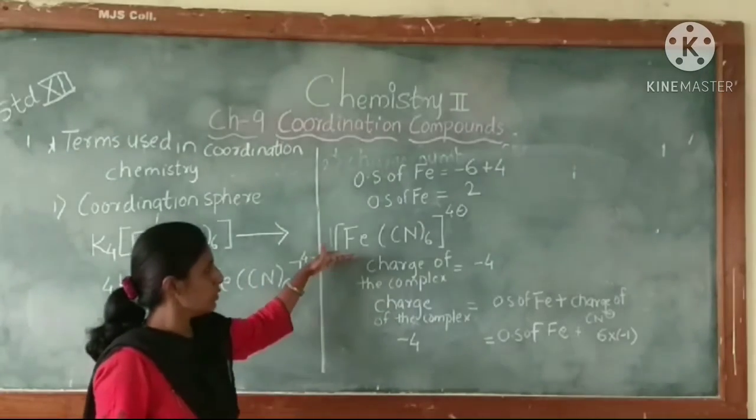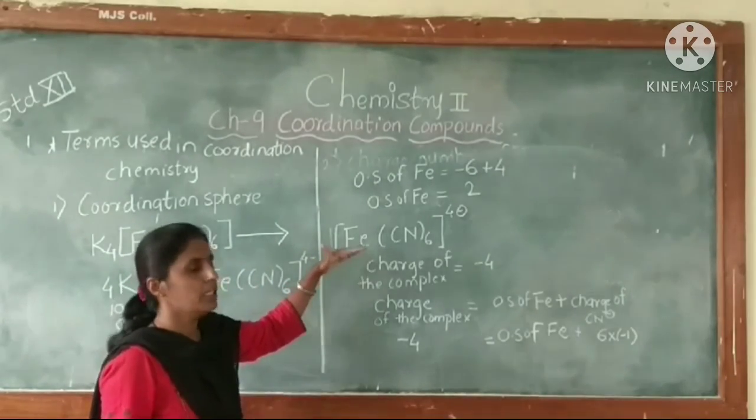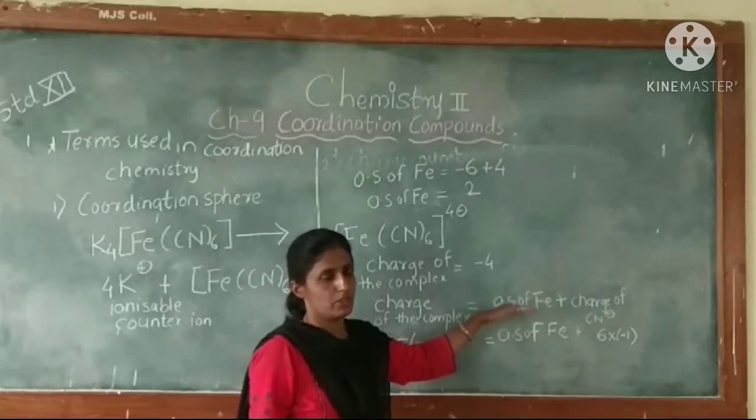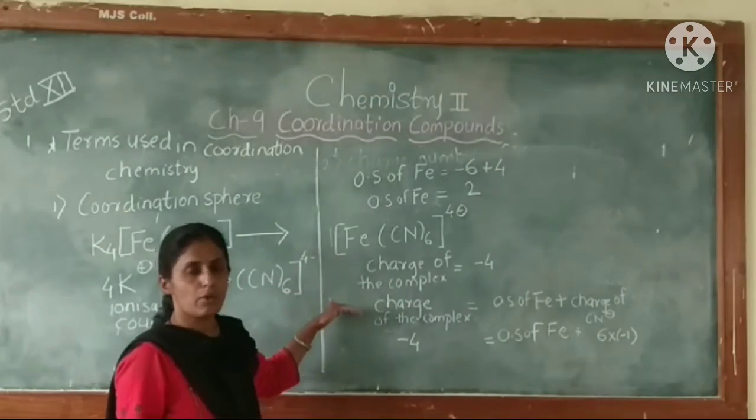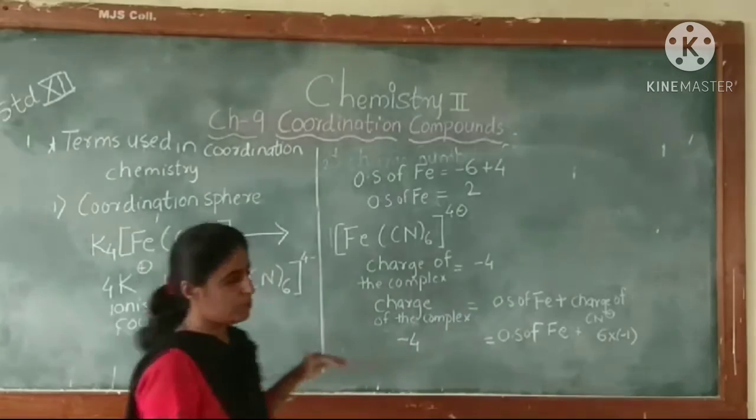So in this way, using the charge of the complex ion, you can also find the oxidation state of the metal. This is important in solving problems also.